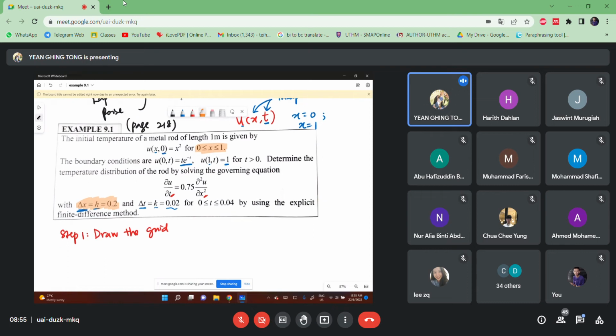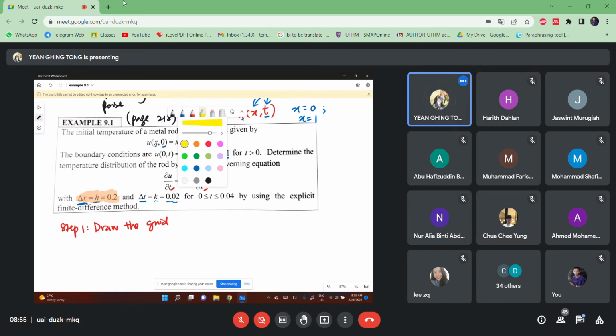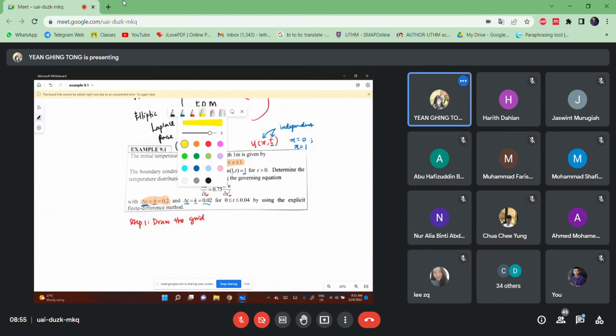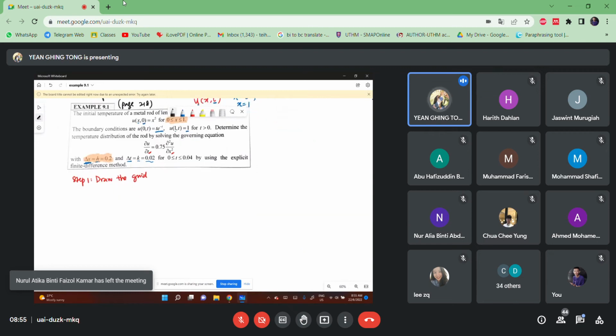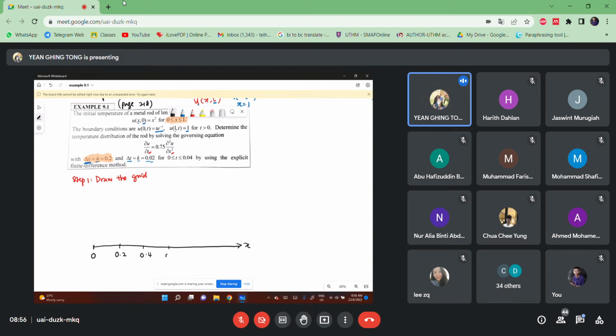I draw this first. This is x, so x starts from 0 with step size 0.2: 0.2, 0.4, 0.6, 0.8, 1.